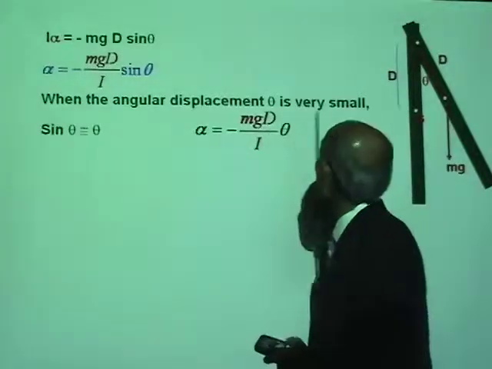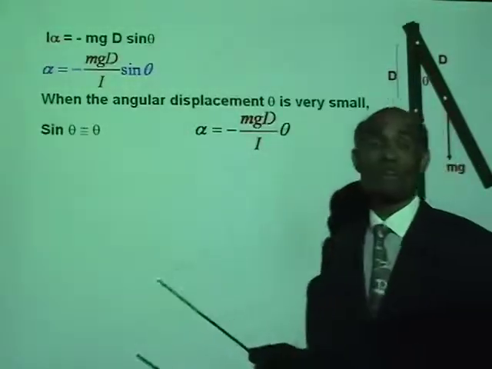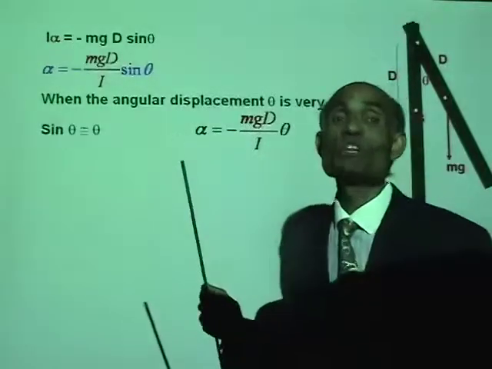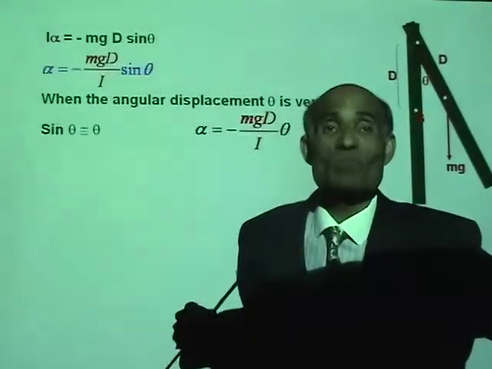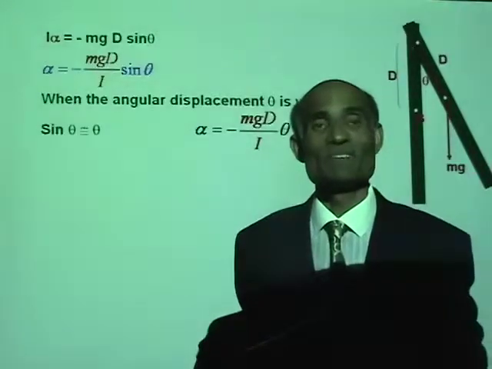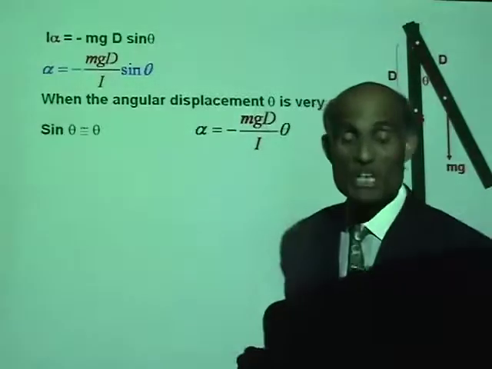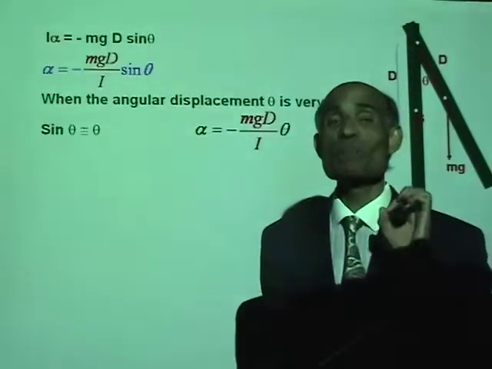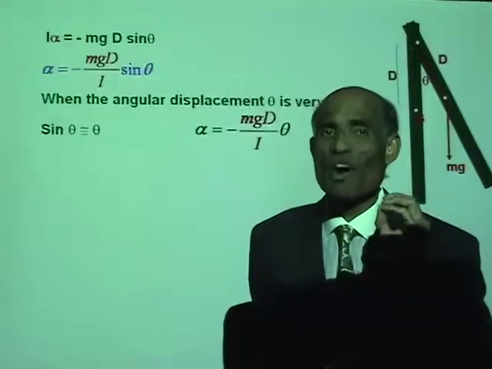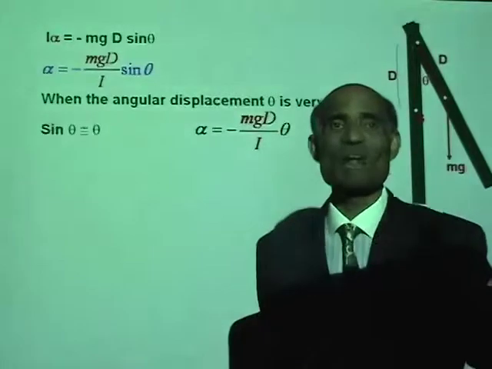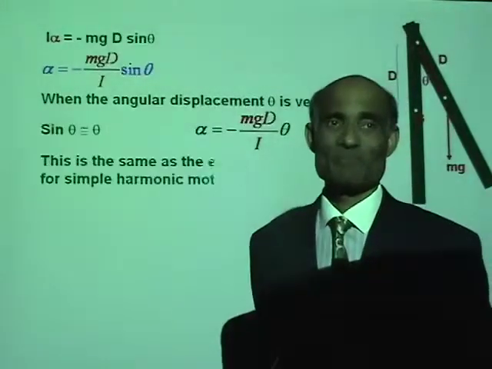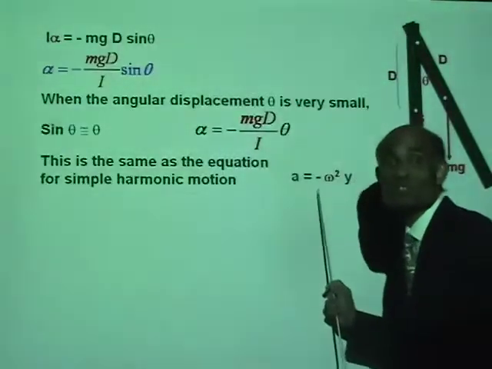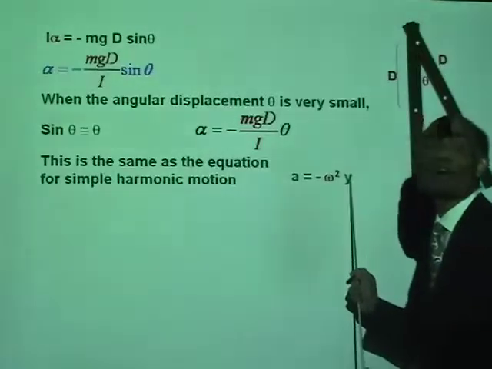Now, this is the equation for this physical pendulum. Now, can we now compare this with the equation for the simple harmonic motion we developed earlier? Do you remember that equation? This is the third or fourth time I'm asking you, do you remember the equation for acceleration of a simple harmonic motion? I don't think many of you remember. It is a equal to negative omega squared y.